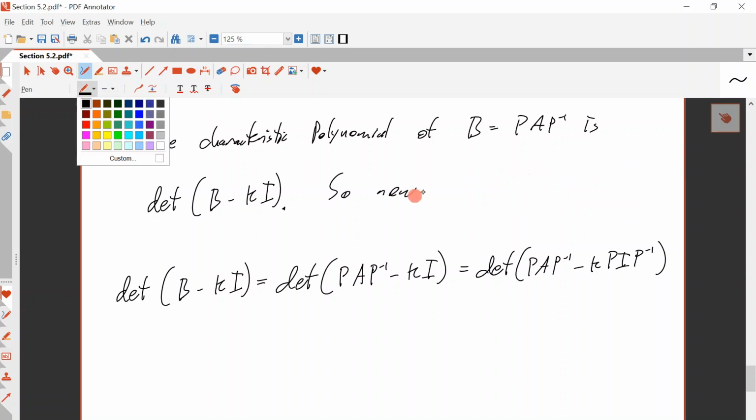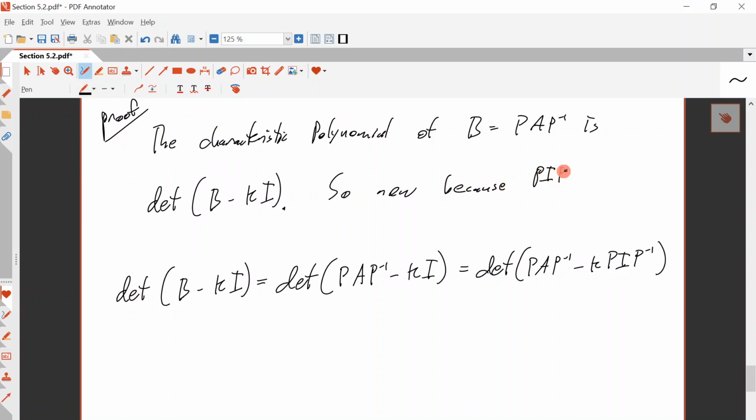So now, because PP inverse is equal to I, we get that.